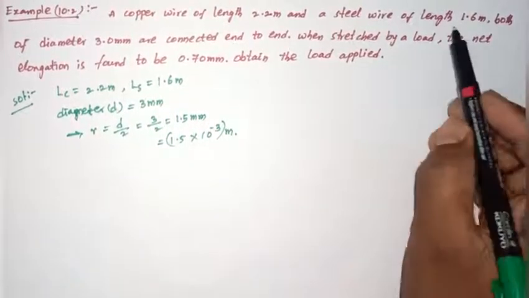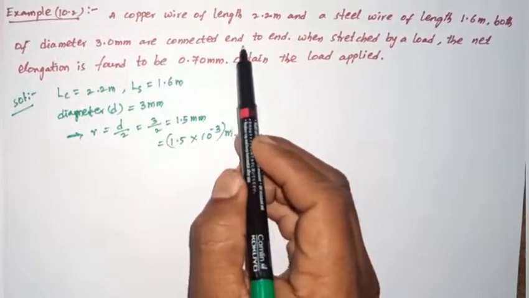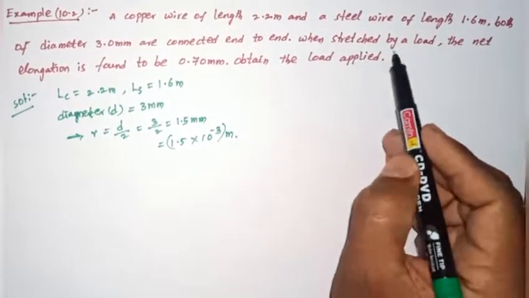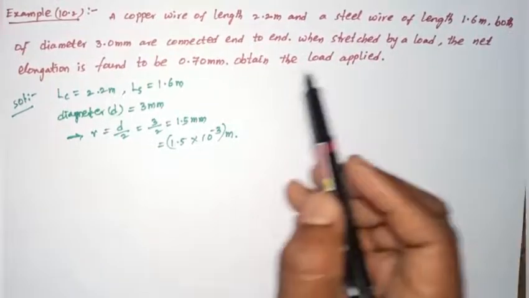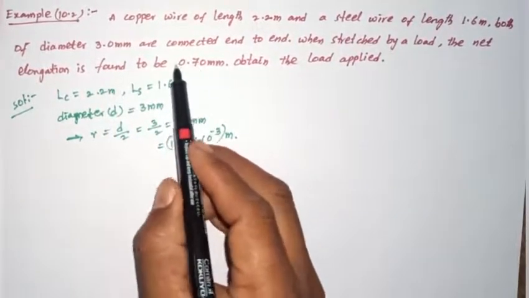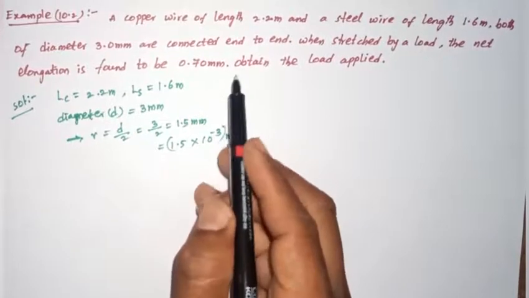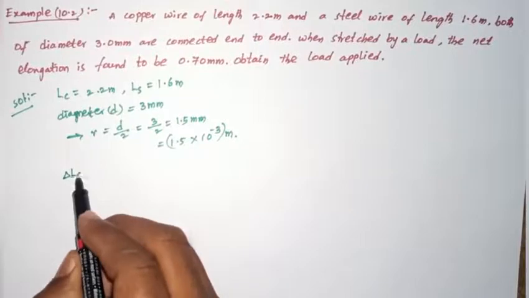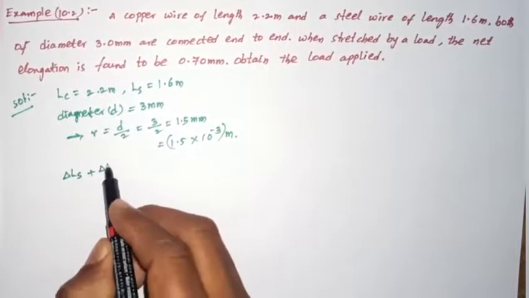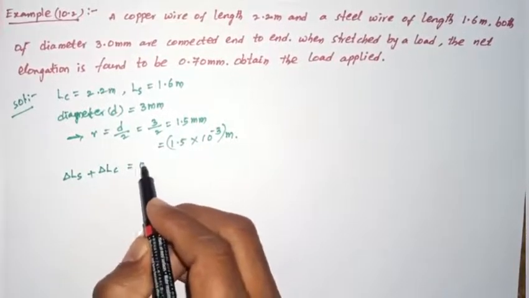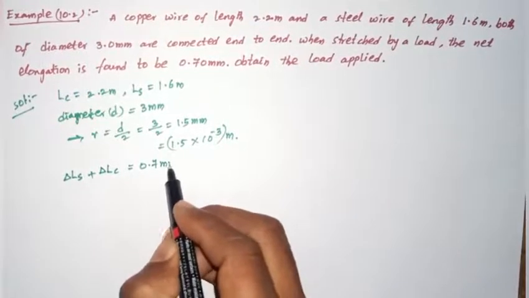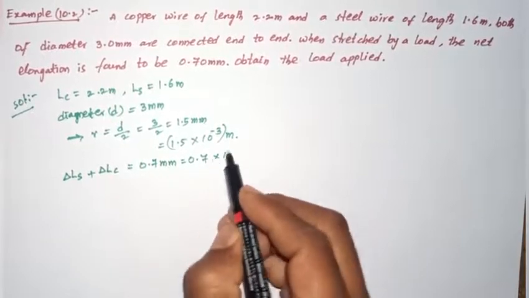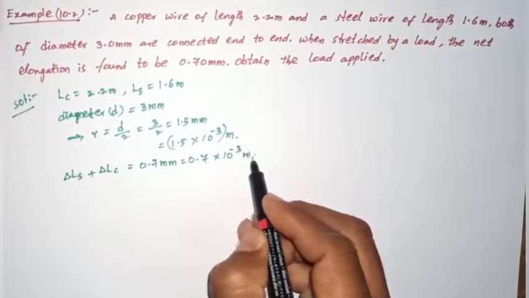Okay, next, they are connected end to end, that is, connected in series. When stretched by a load, the net elongation is found to be 0.70 millimeters. So net elongation is delta L_S plus delta L_C equals 0.7 millimeters equals 0.7 into 10 to the power of minus 3 meters.